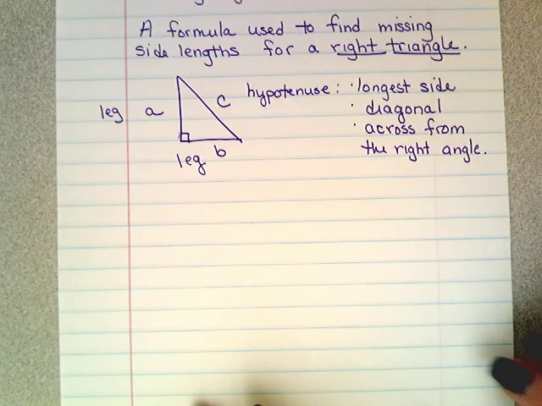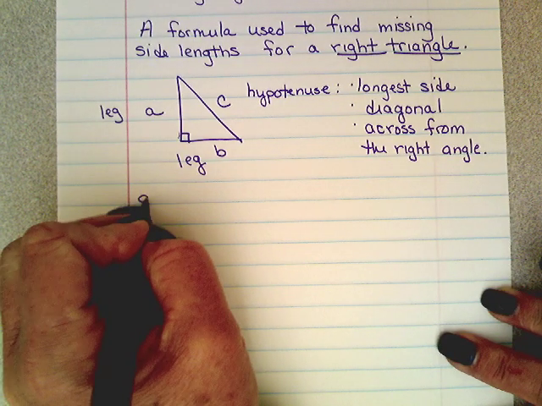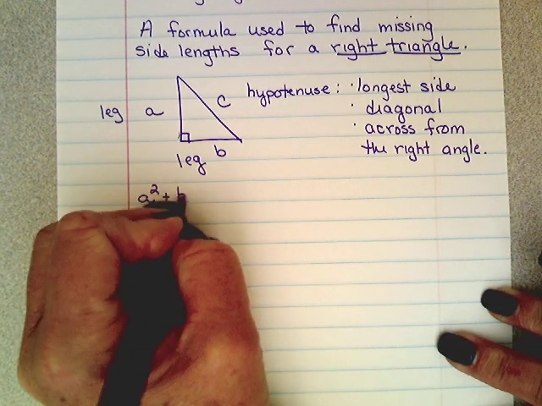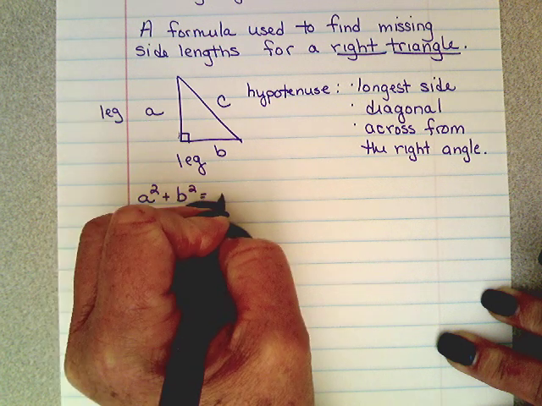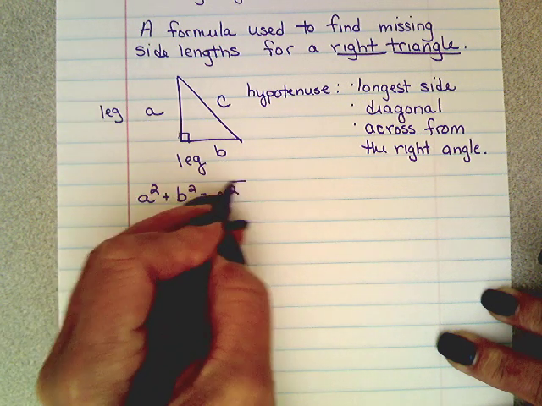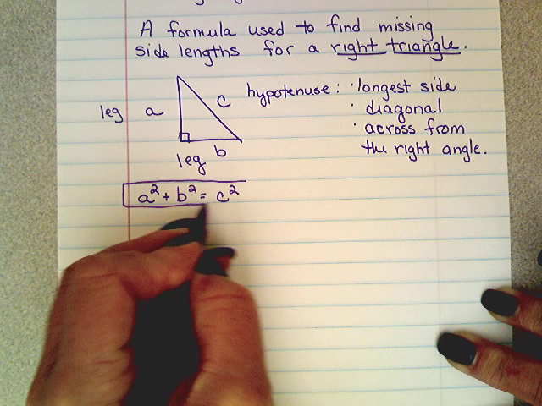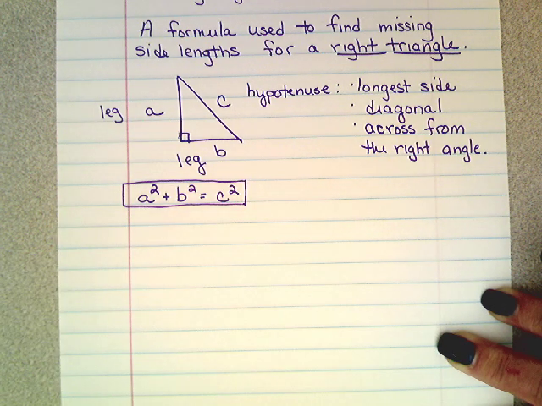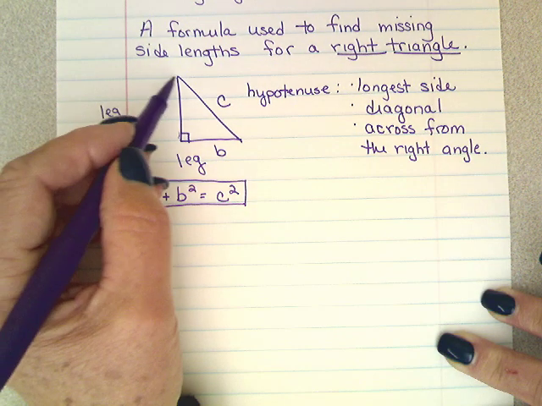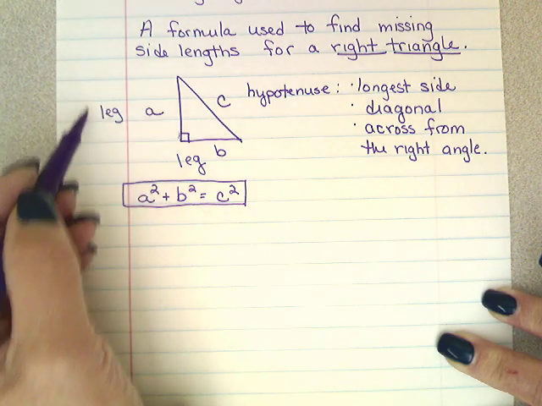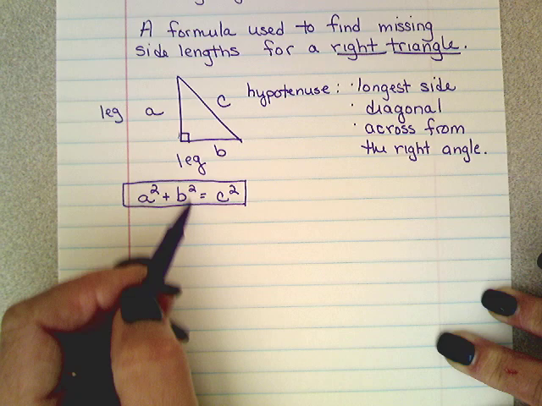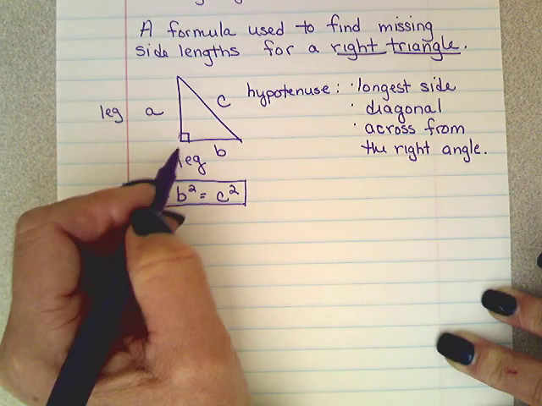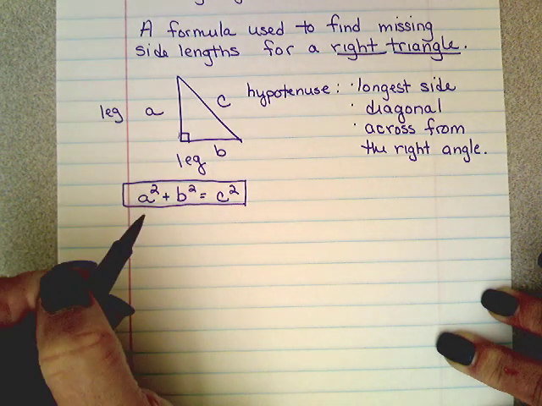Okay, so the formula we use is a squared plus b squared is equal to c squared. This is the Pythagorean theorem. Now, if we had time teaching this unit, I would show you that we would draw a perfect square off of each side of this triangle and find the area of those squares.